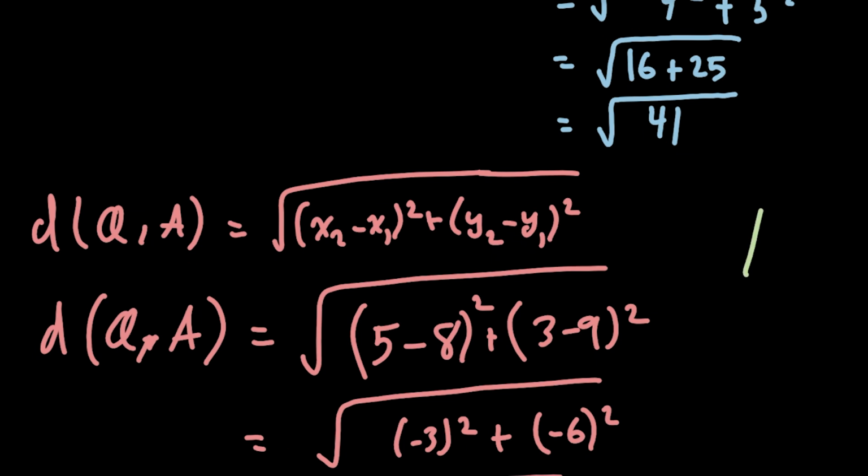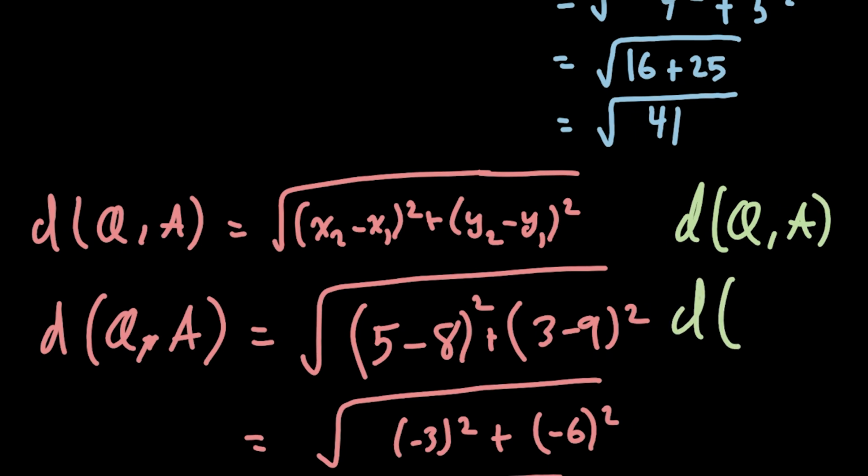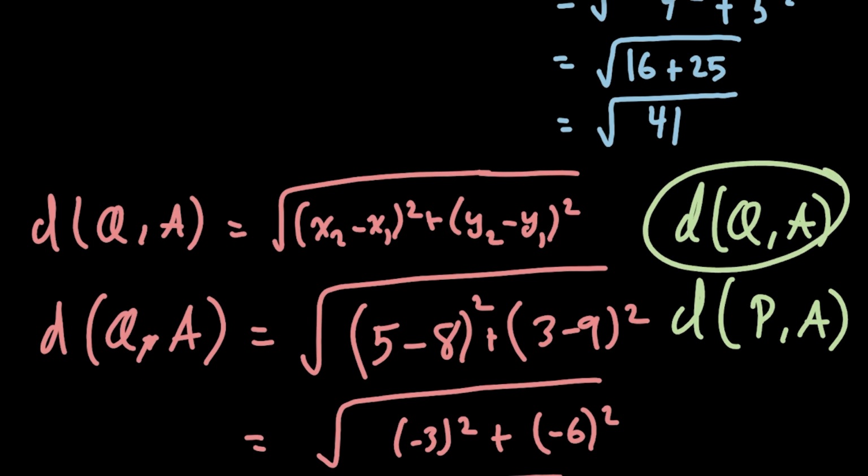So we can conclude that the distance between Q and A is greater than the distance between P and A. This is greater.